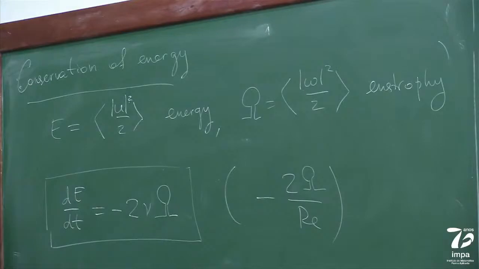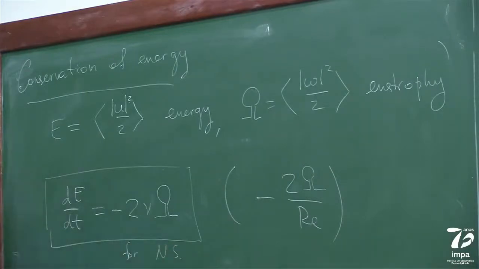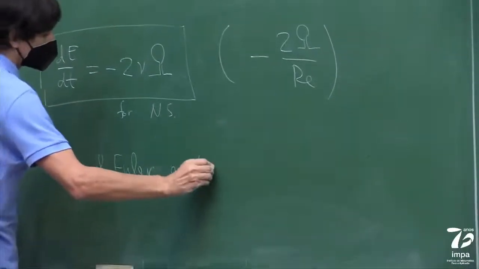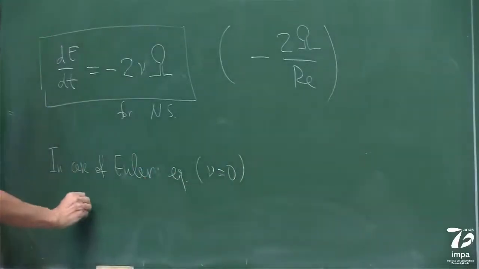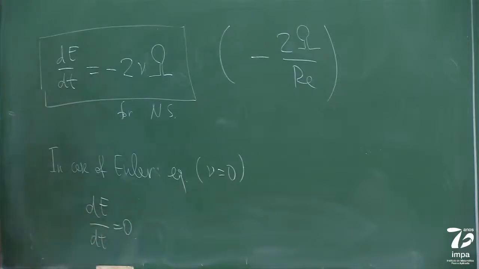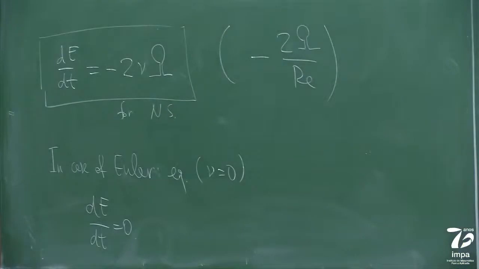That's what we have to prove, and this is, of course, for Navier-Stokes. The reason it's called conservation is that in case of the Euler equations, when the viscosity is 0, you have direct conservation of energy. So the derivative is 0, and energy for Euler should be conserved. It's good to see how it's proved.